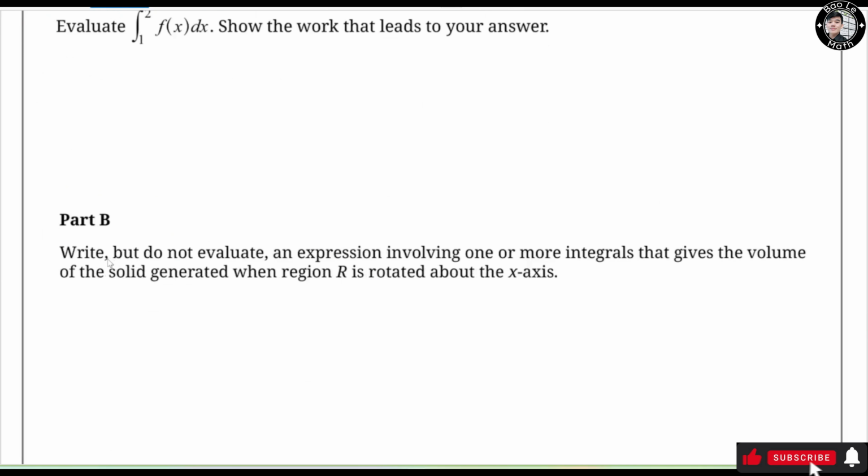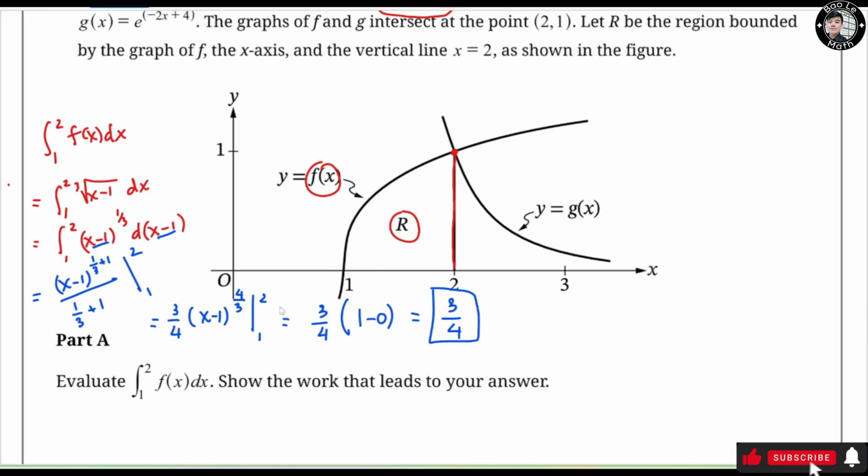Question B. Write but do not evaluate an expression involving one or more integrals that gives the volume of the solid generated when the region R is rotated about the x-axis. We're going to use the disk method, right?